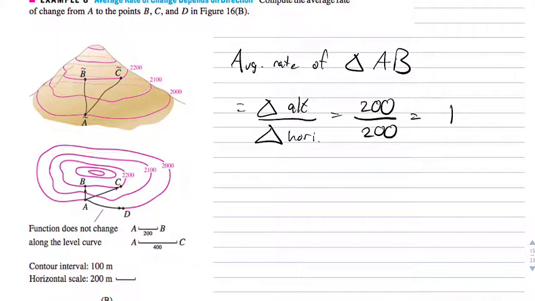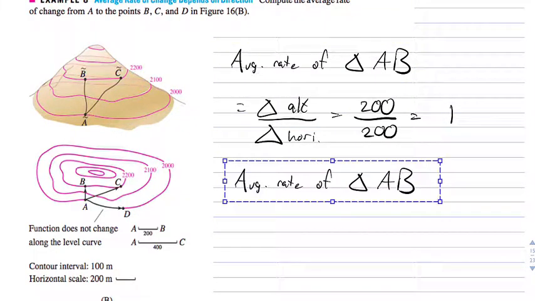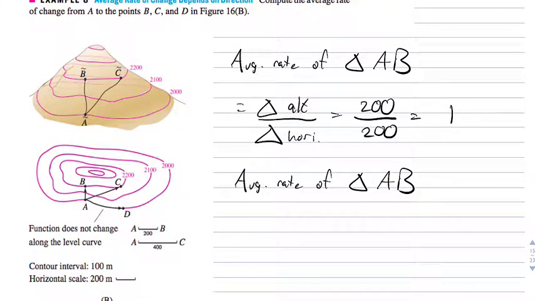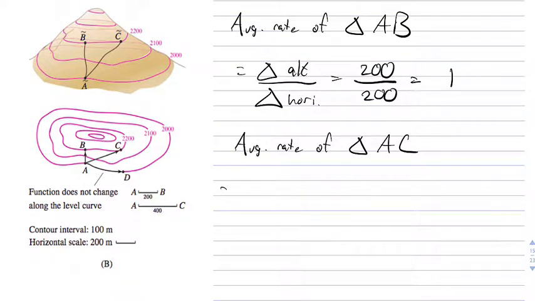Okay, but then if we look at the average rate of change from, say, A to C, that's going to be the change in altitude by the change in the horizontal.